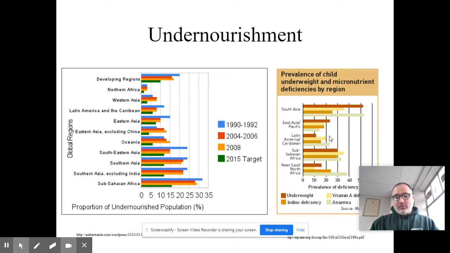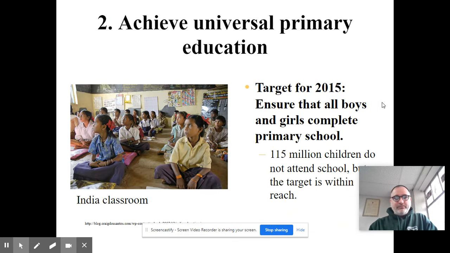And you can sort of see, again, sub-Saharan Africa is at or over 30%, and again, kind of keeping in mind these regions, Southern Asia, excluding India, and Sub-Saharan Africa. And this will come back, and we'll see the impacts of this chart here that we're looking at, the prevalence of child underweight and micronutrient deficiencies, when we look at some of the other goals.